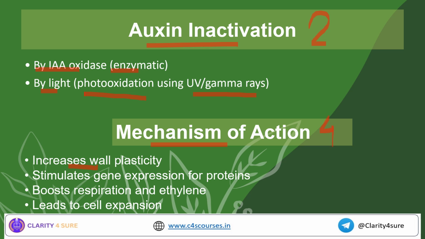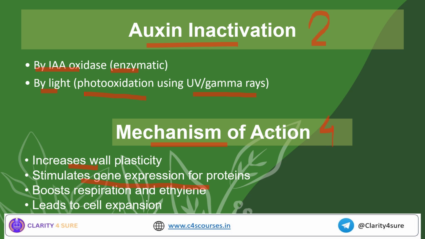As we have discussed earlier, as the number of cells in the plant increases, and growth increases, and internal pressure increases, at that time auxin helps in smoothing the process. Okay, so this was it. Second, it stimulates gene expression for proteins. What it means is that they enhance the mRNA synthesis, which helps in making the protein for cell expansion and eventually stimulating the gene expression of the plant.